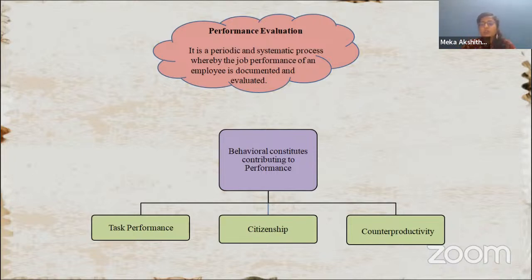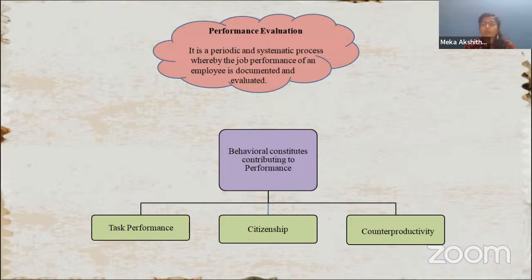Then comes counterproductivity. When we are talking about counterproductivity, we look at whether the employee is doing any work which turns against the organization, for example, damaging the property of the organization, being absent, taking too many leaves and not coming to work, not respecting the organization's rules and regulations.